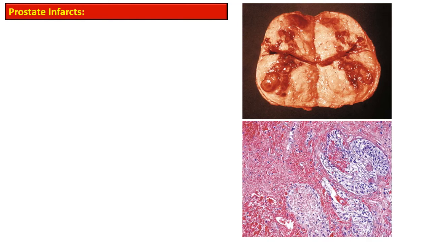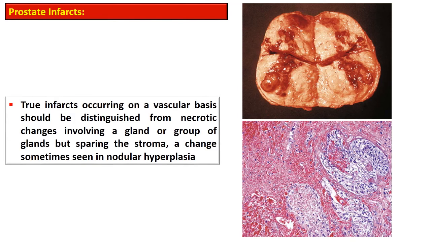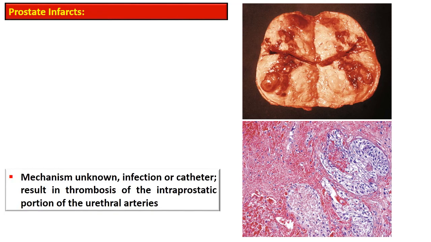So the true infarct should be differentiated from the necrotic changes that are associated with some of the glands that occur normally in nodular hyperplasia, and it doesn't affect the stroma, while in true infarct both the glands and stroma are affected.